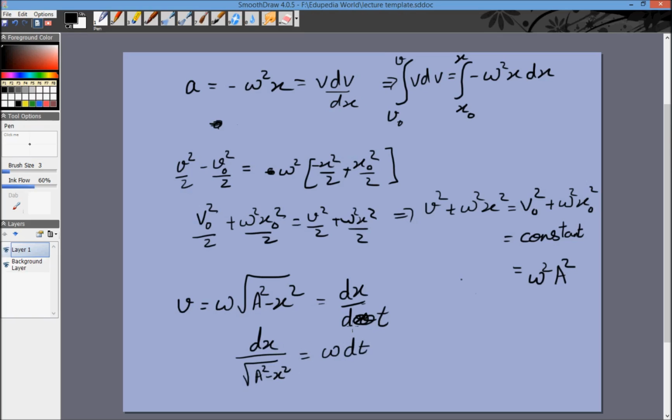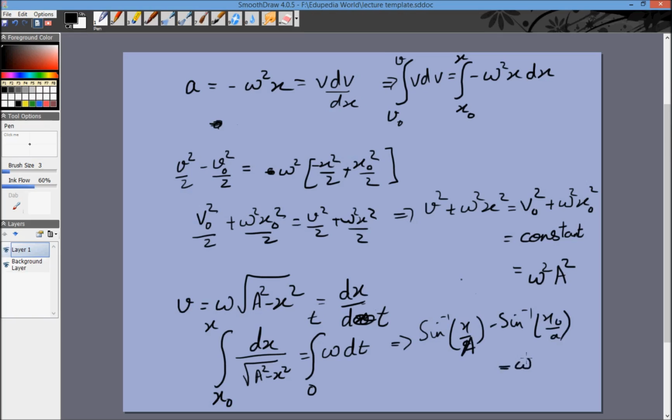So this will give me, if I put the limits as, let's say this is 0 and t, initially t is equal to 0, it was at x naught, finally it's at x, so it will give me sine inverse x by a minus sine inverse, this is capital A, x naught by a is equal to omega t. Now again, sine inverse x naught by a is just another constant. We'll label this constant as delta.